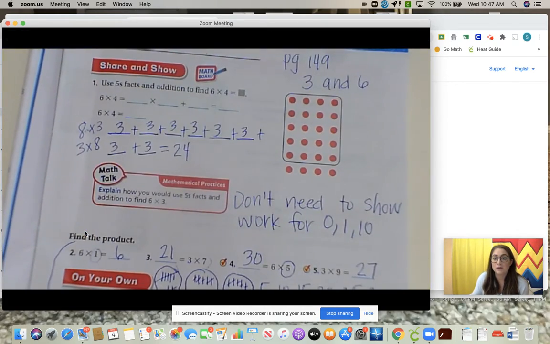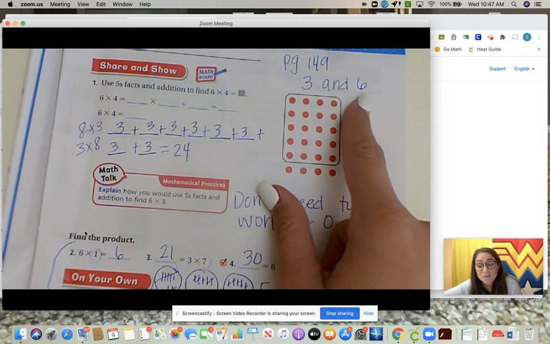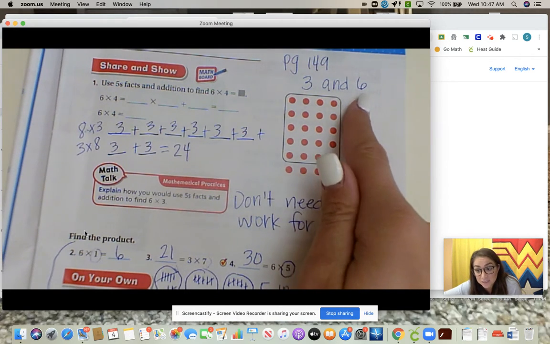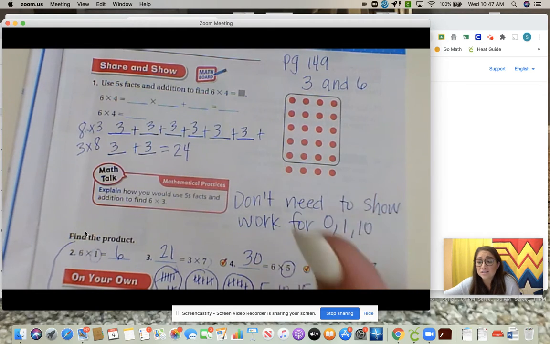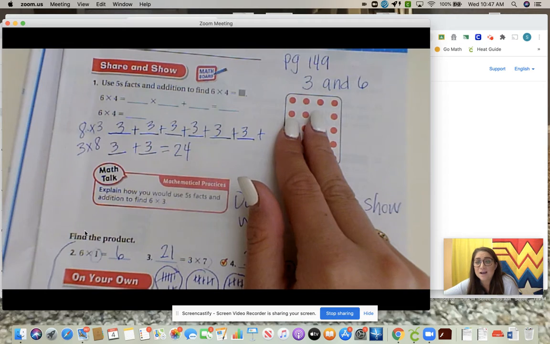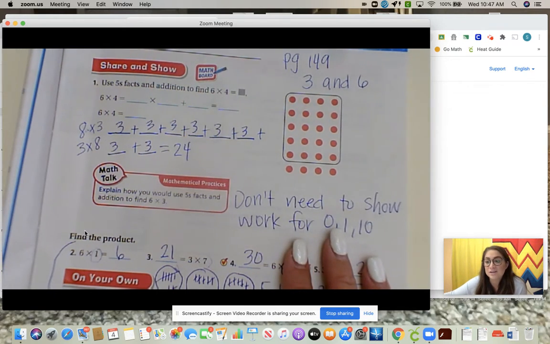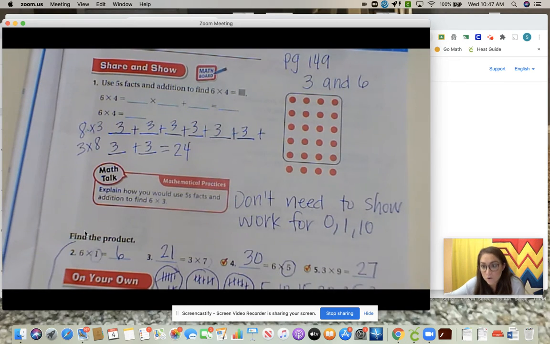So we are working on 3s and 6s, multiplying by 3 and 6. The book does explain some more strategies, but we've already learned array, groups and objects, repeated addition, skip counting. So I don't want to introduce any more strategies. It's so much in our brains.